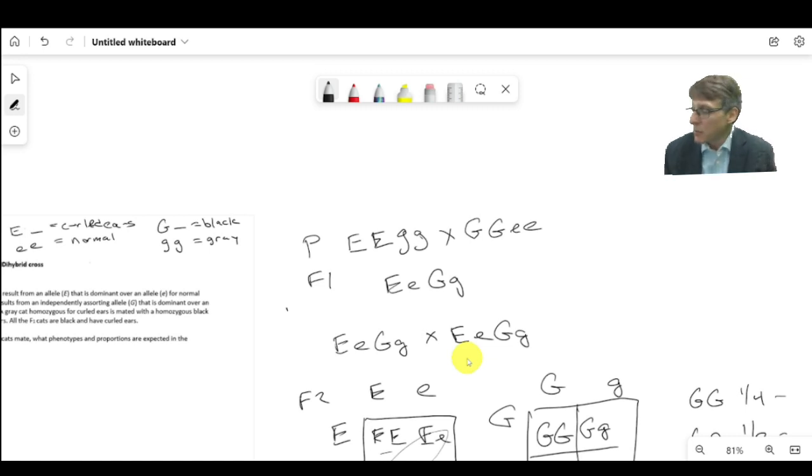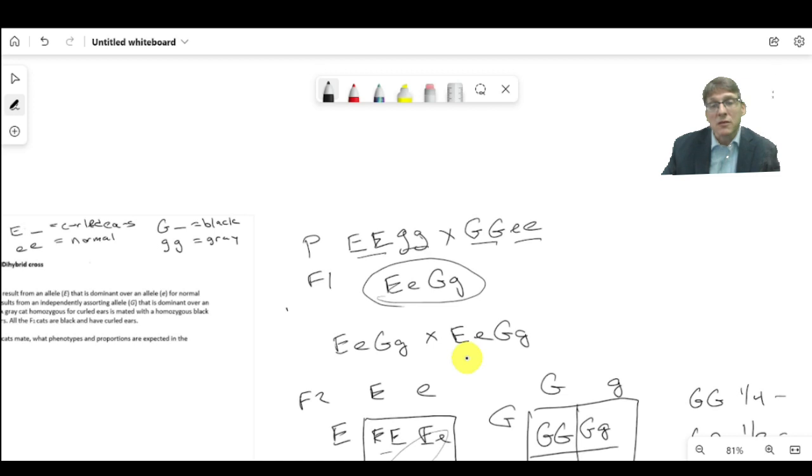And so what I'd like to point out is that when we did round yellow peas and green wrinkled, we had our recessives together and our dominants together. In this case, we have dominants in one parent paired with a recessive, and a dominant paired with a recessive. But the important thing to notice is that in the F1 generation, we have heterozygotes for these two independently assorting genes.